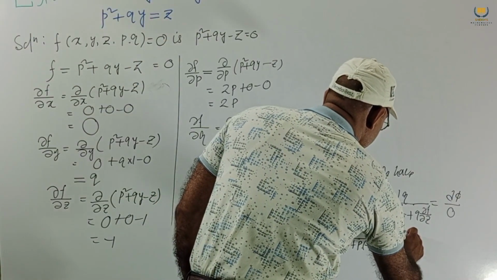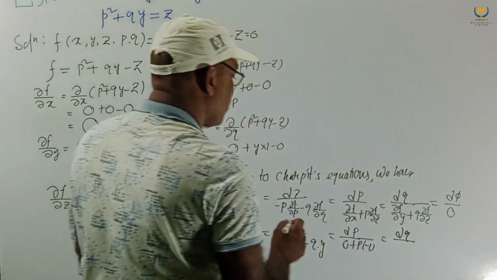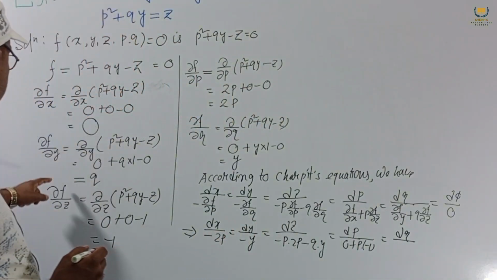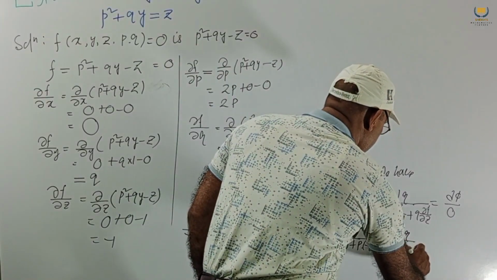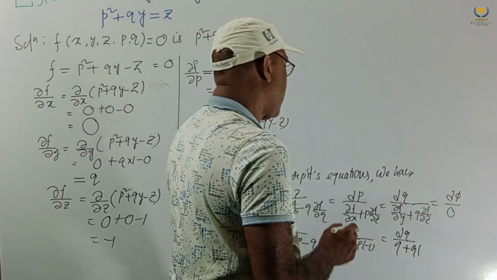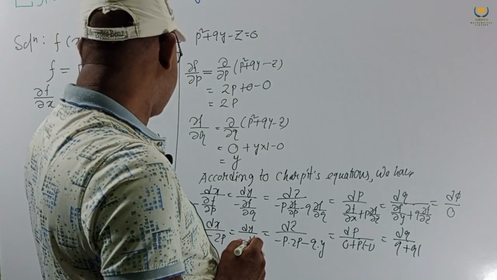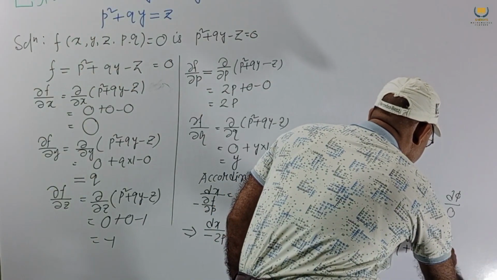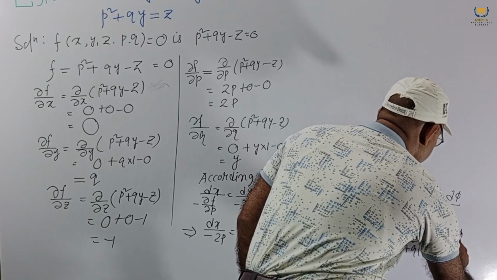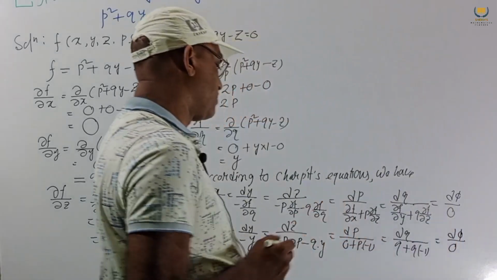This equal to dq by del f del y, del f del y is q, plus q del f del z, which is minus 1, minus 1, this equal to d phi by 0. We get this one.